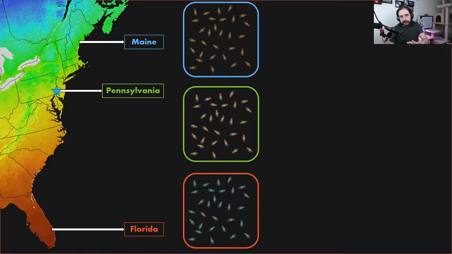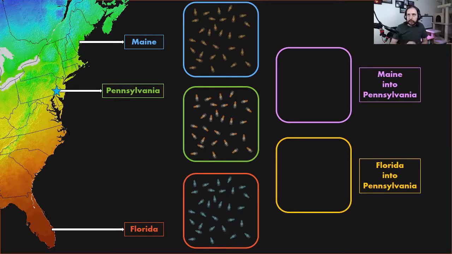So I created these outbred populations. I will use these as my control groups, but I also need some experimental groups. My experimental groups are Maine into Pennsylvania and Florida into Pennsylvania. I consider Pennsylvania as my resident population. So I have a resident population here, Pennsylvania. What if I bring flies from Maine, which we can say are cold adapted, and flies from Florida, which we might say are warm adapted?